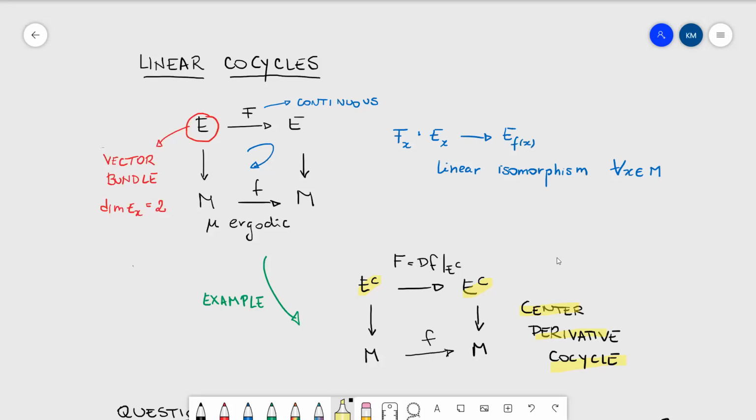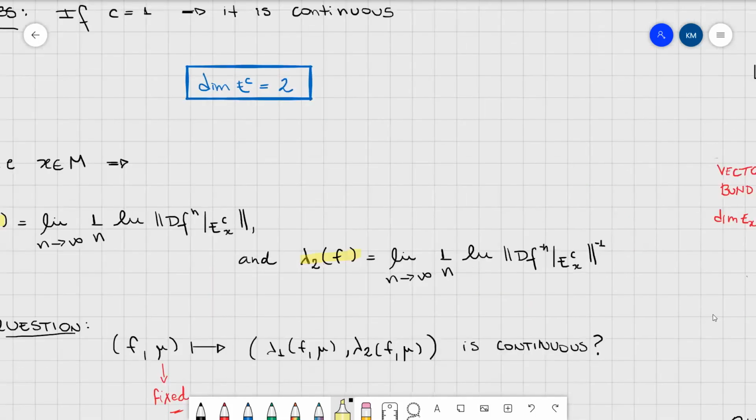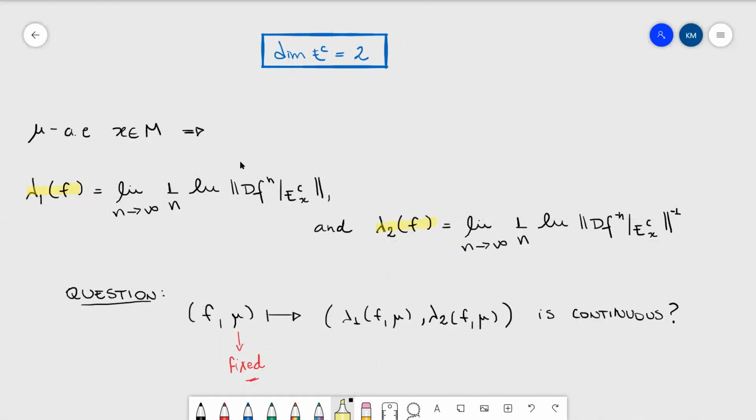And as before, when I studied the Lyapunov exponent of this map, I was studying the norm and the conorm of the iterates of this map. I'm going to return here. So this was my definition in dimension 2 for the Lyapunov exponent. I can put here the norm of the cocycle and the conorm of the cocycle, and I will get again Lyapunov exponents, now for a linear cocycle.